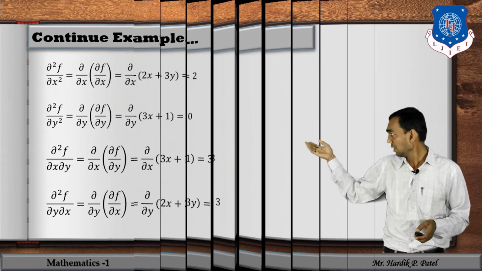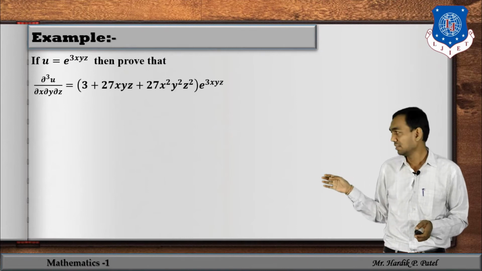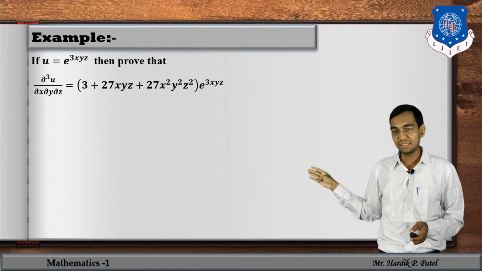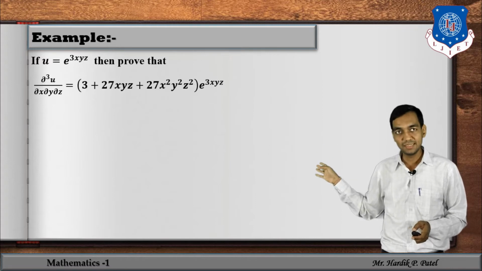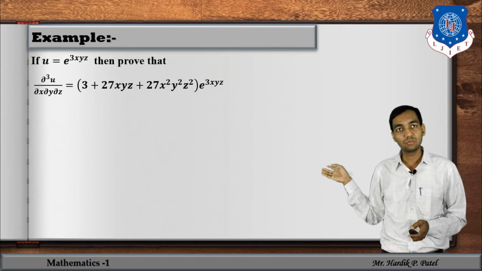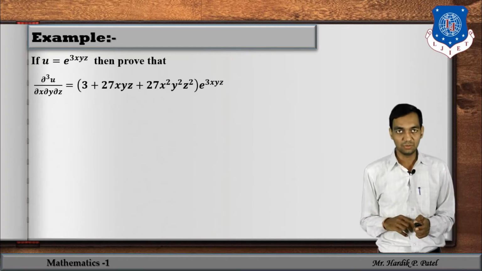Now if u is equal to e raised to 3xyz, then prove that del cube u by del x del y del z is equal to (3 plus 27xyz plus 27x square y square z square) into e raised to 3xyz.